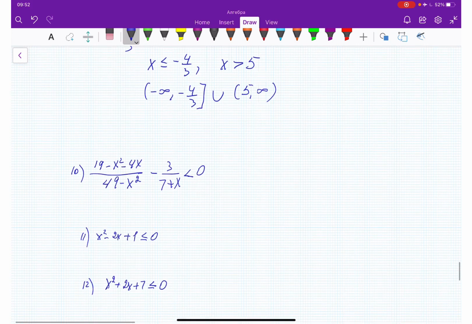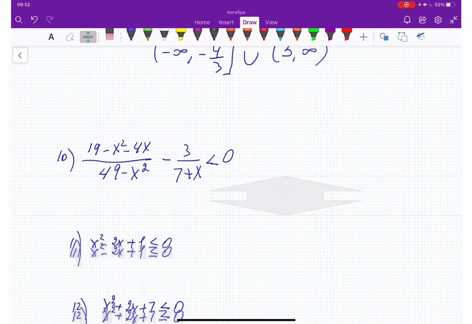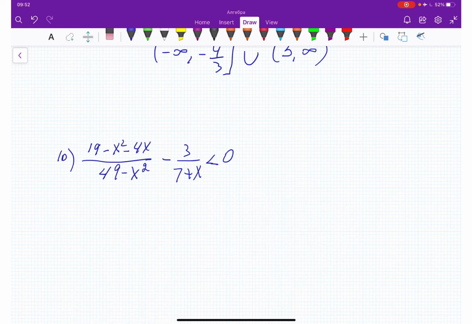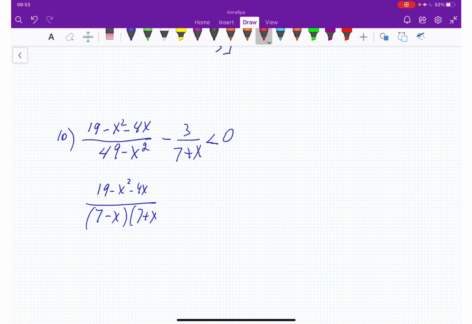So next one, this one we need to simplify before we make any changes. So 19 minus x squared minus 4x over 49 minus x squared. I'm breaking down 49 minus x squared as 7 minus x times 7 plus x. Remember, a squared minus b squared is equal to a plus b, a minus b.